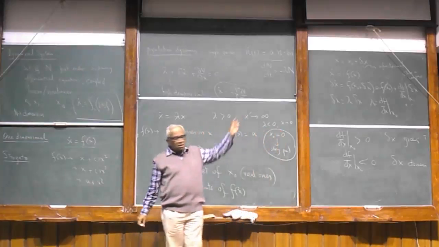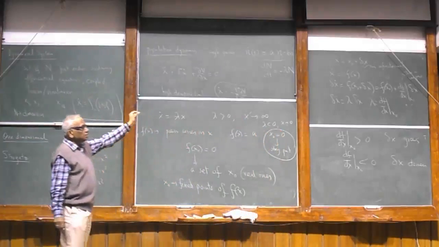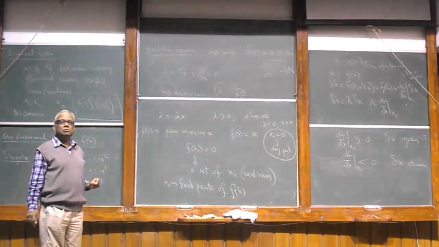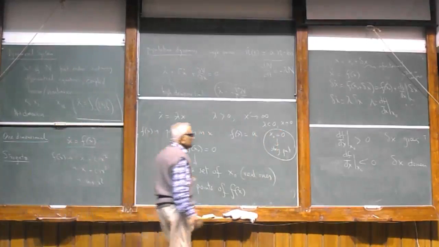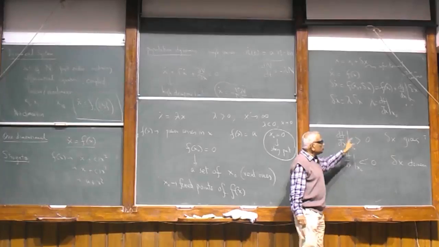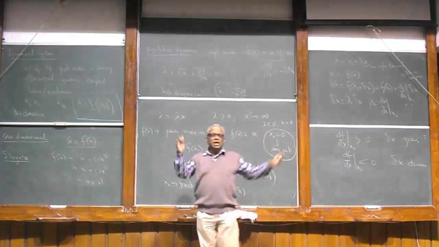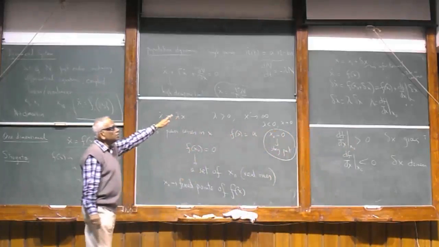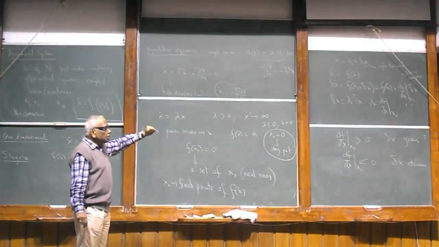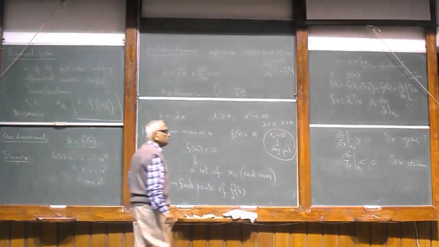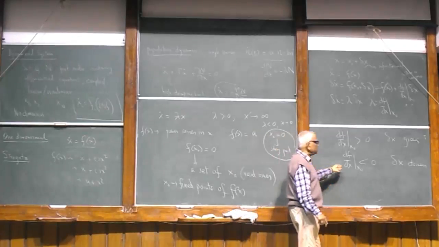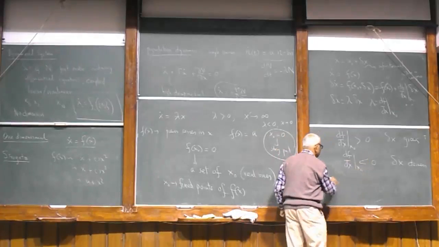So if I start at a little distance from x0, if my derivative of f is positive over there, then I'll go further away from x0. And if, on the other hand, the derivative is negative, then I'll move towards x0.